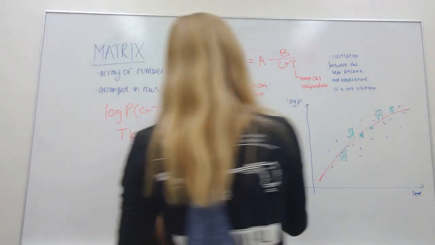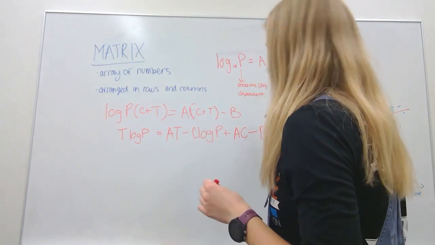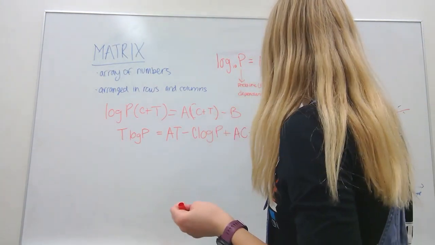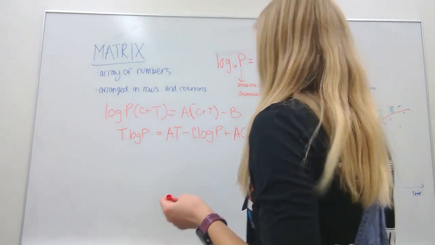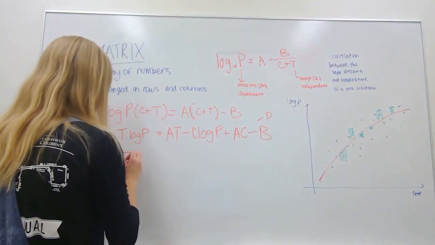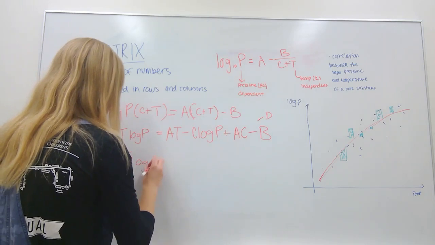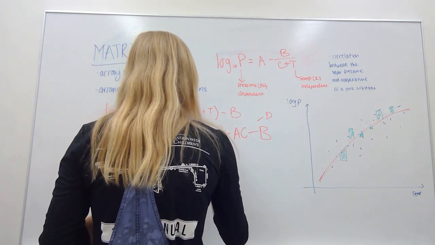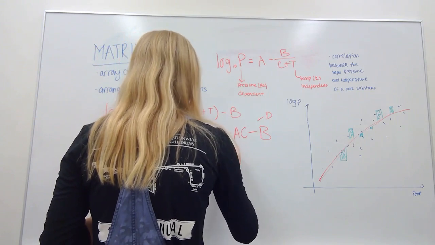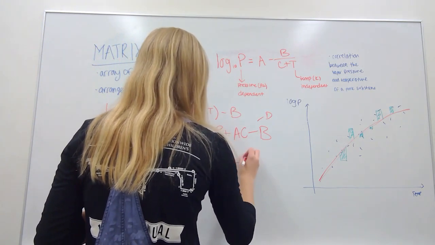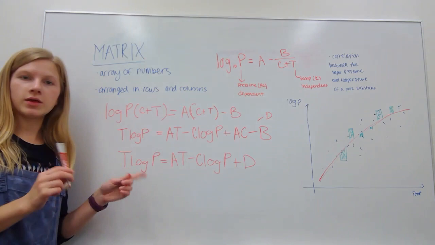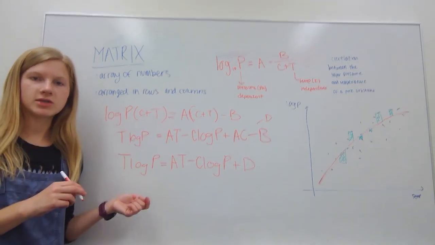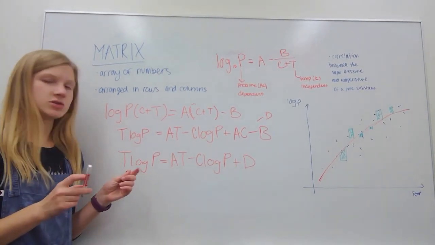This is kind of annoying because these are all just constants, so I'm going to call this D, so then we can write T log P equals this. Awesome. This we can run through matrix multiplication, and then we can do linear regression.